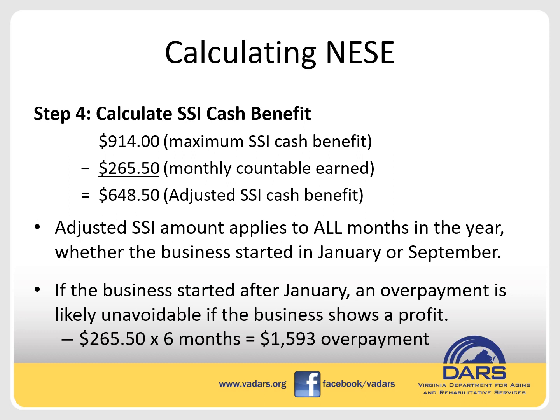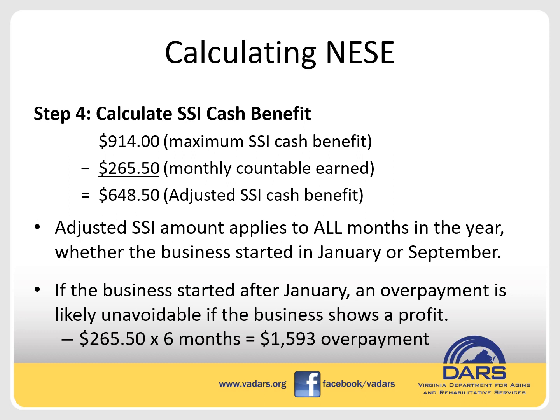This is where it gets to be a little unfair, and in my humble opinion, a little unfair to beneficiaries who are self-employed, because of the way the rules are set up and the way the POMS is set up in terms of counting income when somebody's on SSI and self-employed. The adjusted SSI amount that a person is receiving applies to all months of the year, and it doesn't matter when that business started.